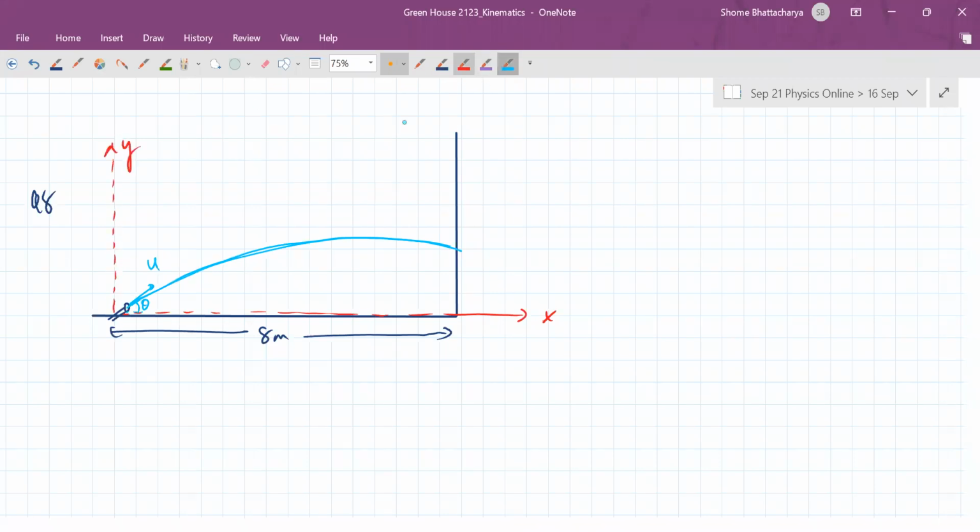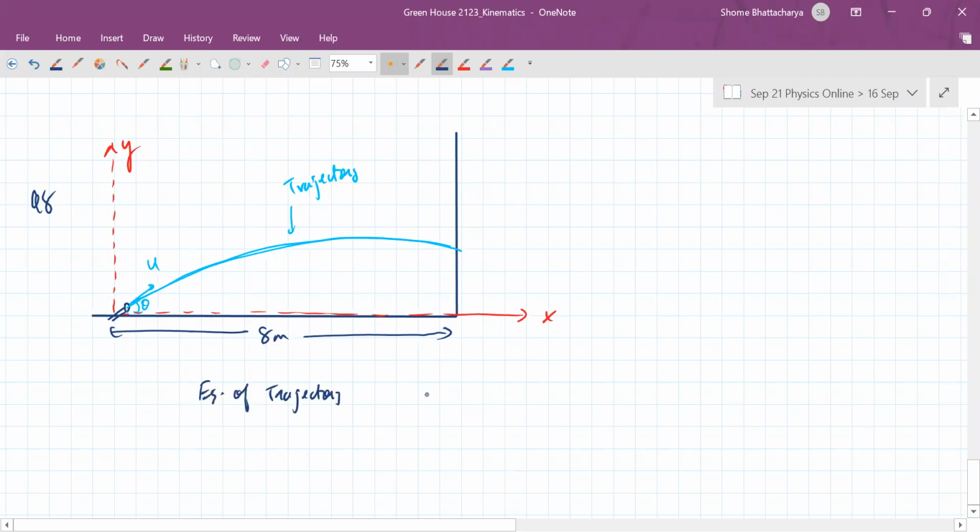So the equation of trajectory, calculate like this: y is equal to... so we'll work this out, and we'll work this out also.